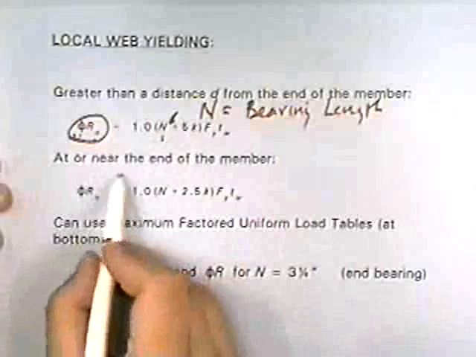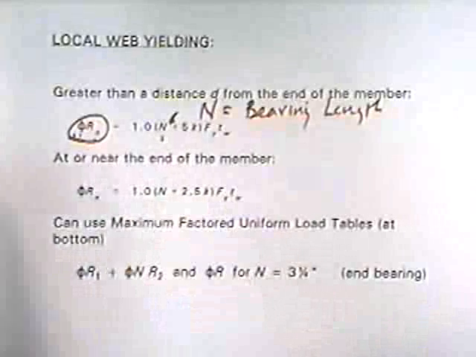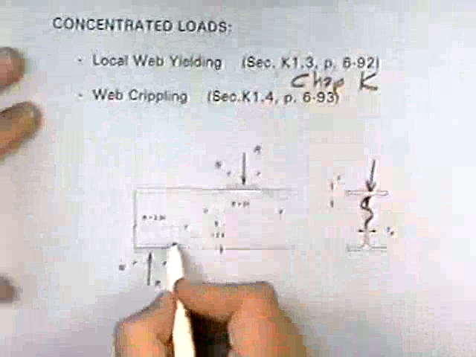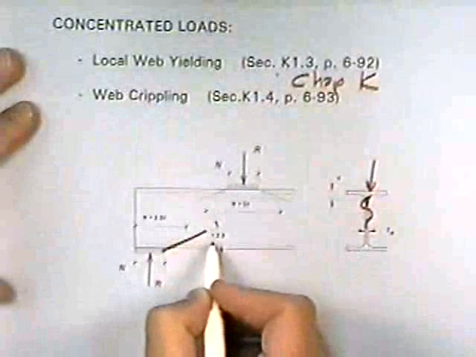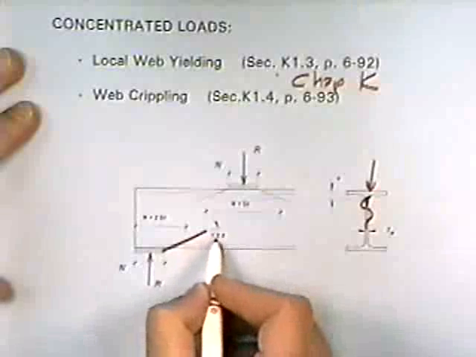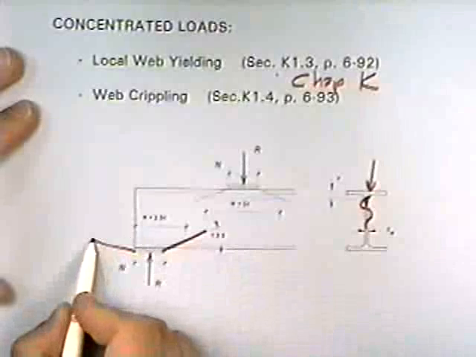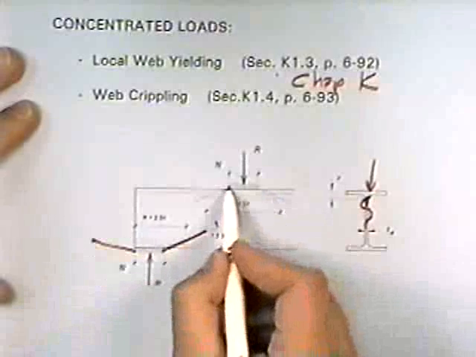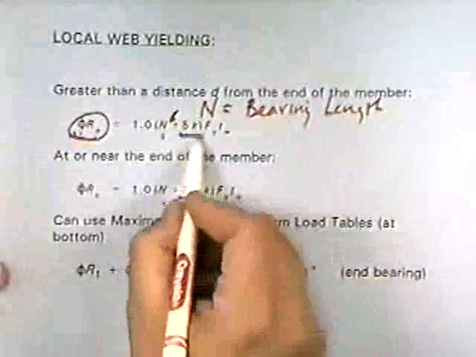What happens is the strength goes down at the end of the member because the stress at the end of the member can only spread out in one direction. We assume that it spreads out at a slope of 1 to 2.5. At the end it can't spread out in both directions, so the strength is lower as opposed to being out here. That shows up in the calculations here.